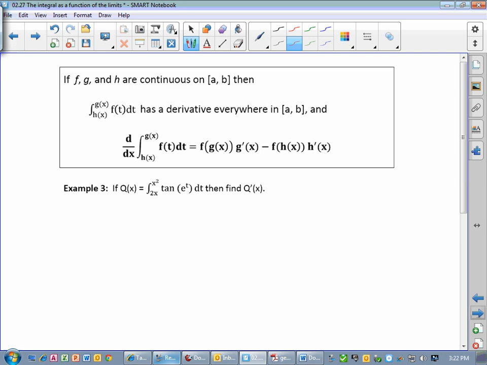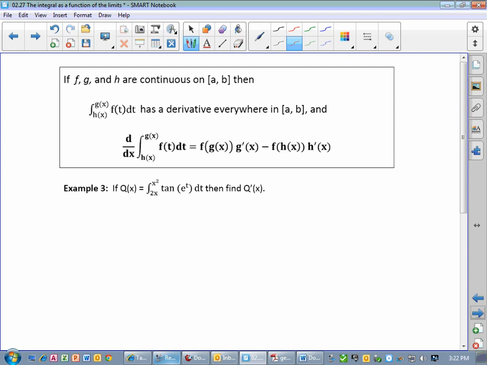The next example, same idea, but now the bounds, instead of just being a constant to a function, are a function to a function. Now both these functions are in terms of x, and the function we're integrating is in terms of t. So it follows a very similar rule, but now it's more similar to the fundamental theorem of calculus. Remember, if h were a constant, h prime would be 0.